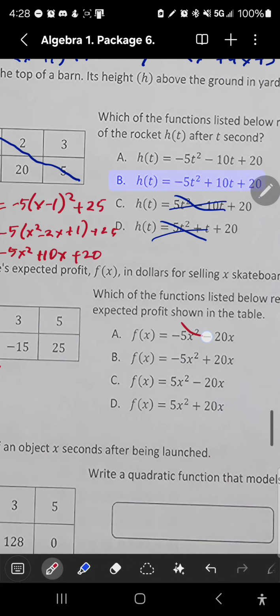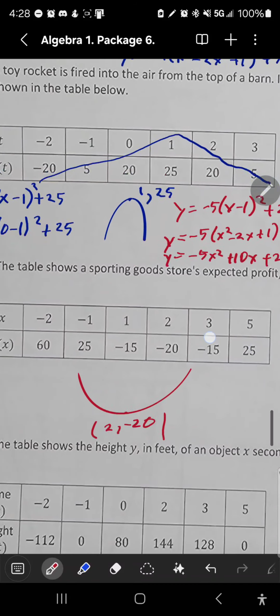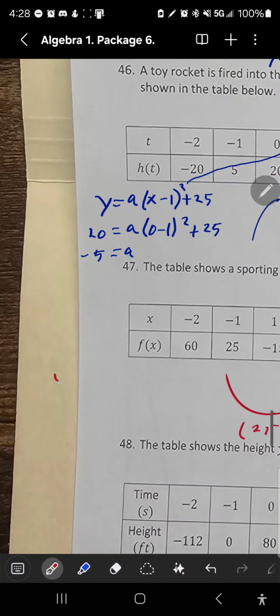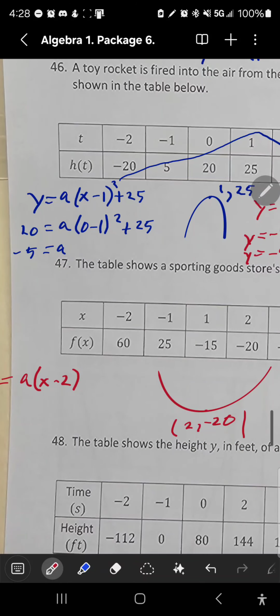That is positive, so it's going up. And I'm going to say that y equals a times (x minus 2) squared plus negative 20, because the k is negative 20 now.